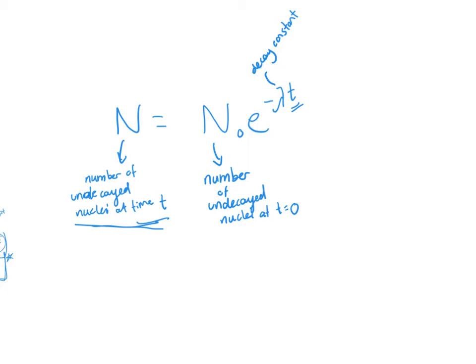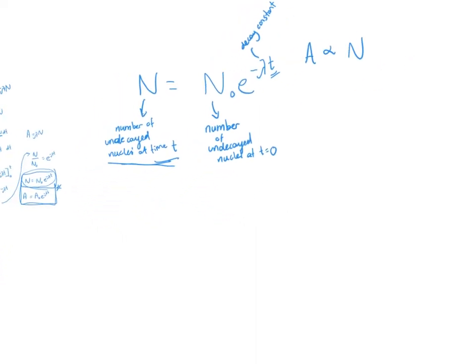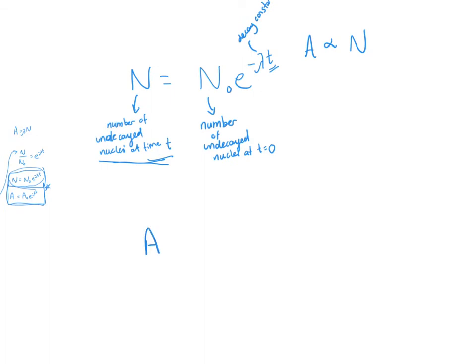Like I already said, since activity is directly proportional to the number of undecayed nuclei, I can also use the equation A, which is the activity of the source after a specific amount of time, is equal to the starting original activity times e to the minus lambda t.